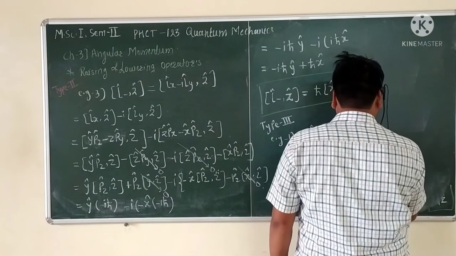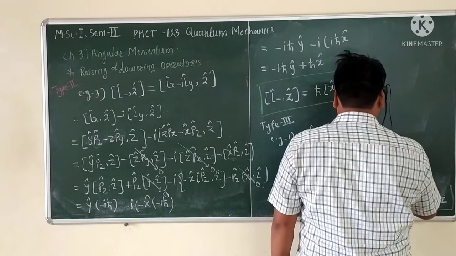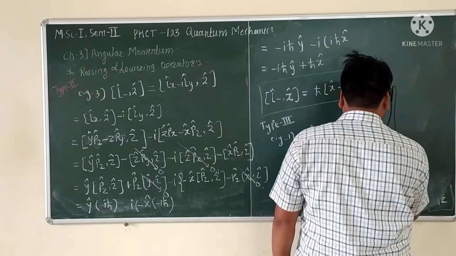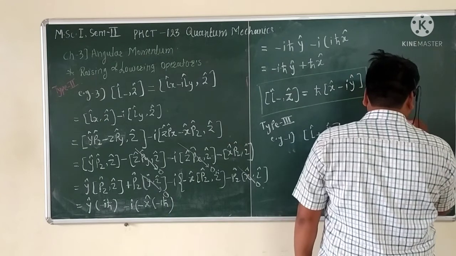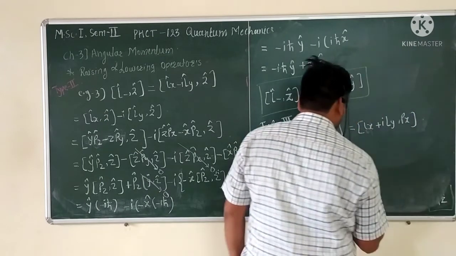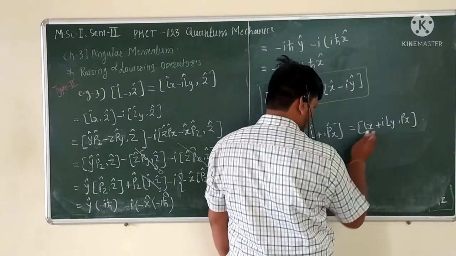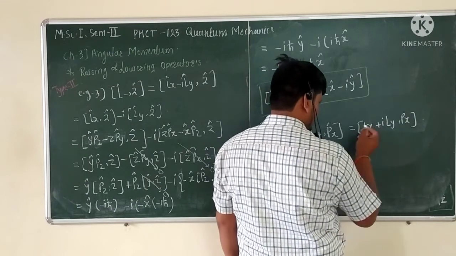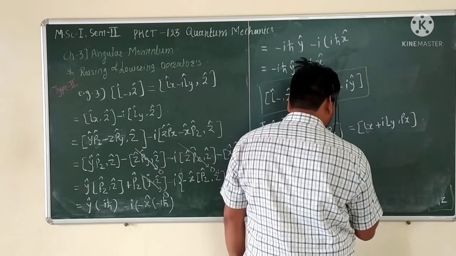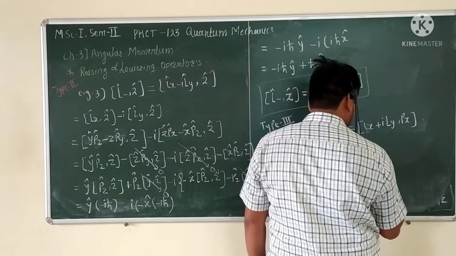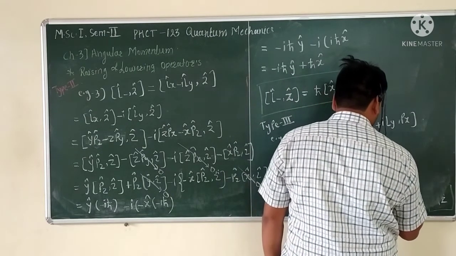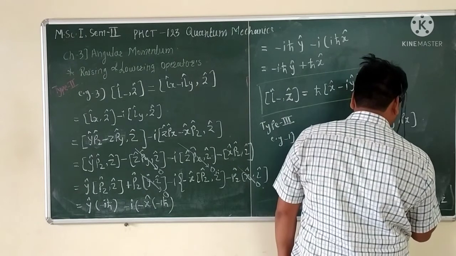L plus cap is nothing but Lx plus i Ly, comma Px. If you solve this commutator bracket, it is [Lx, Px cap] plus i, taken outside, [Ly, Px cap].